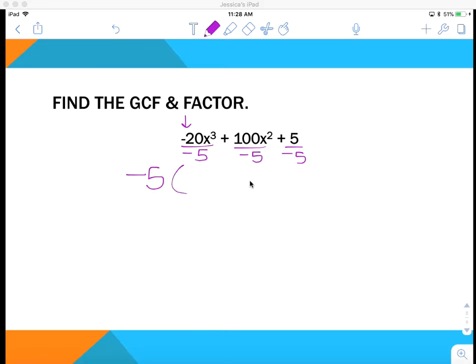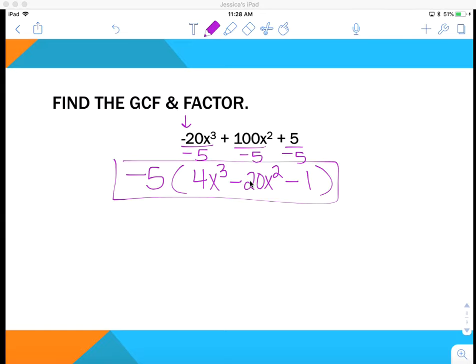Now, when I divide all three of my terms by negative 5, be careful with your signs. Negative 20x cubed divided by negative 5 is positive 4x cubed. 100x squared divided by negative 5 is negative 20x squared. And 5 divided by negative 5 is negative 1. Don't forget to write that 1 in.